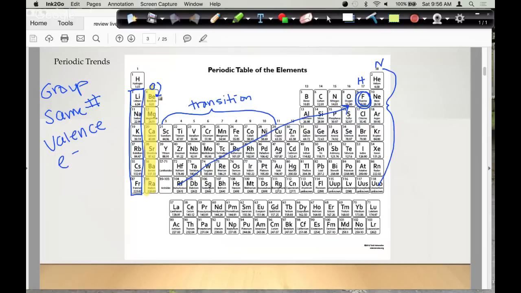When we talk about group 2, our alkaline earth metals, these are very reactive metals with 2 valence electrons, whereas my alkali metals, group 1, are our most active metals. Francium, if it actually existed in nature, it's so radioactive we don't usually see it. Francium is our most active metal, and so the closer you get to francium, the more metallic the element is, and the more active the metal is down further towards the bottom and to the left of the table.